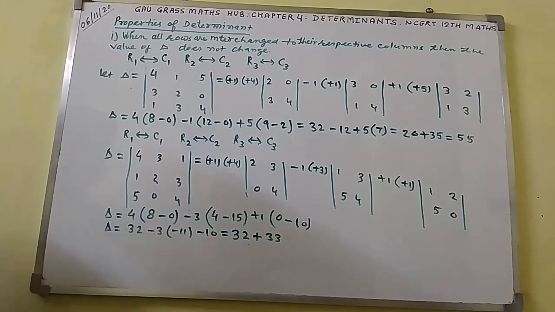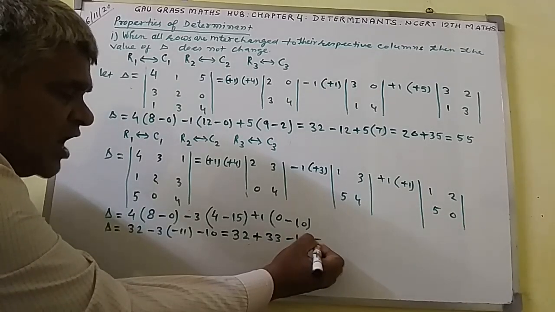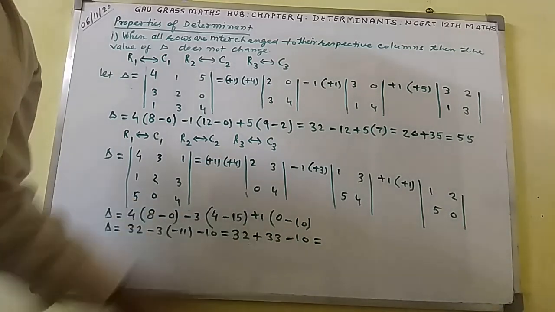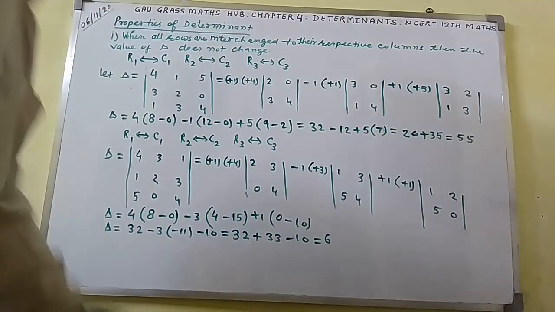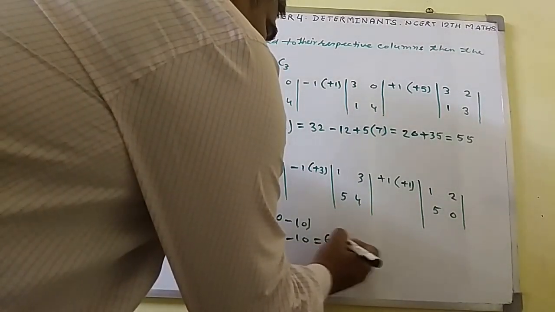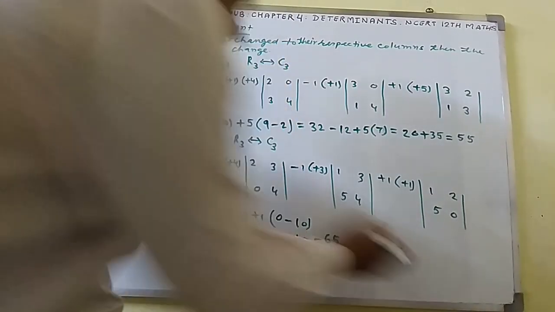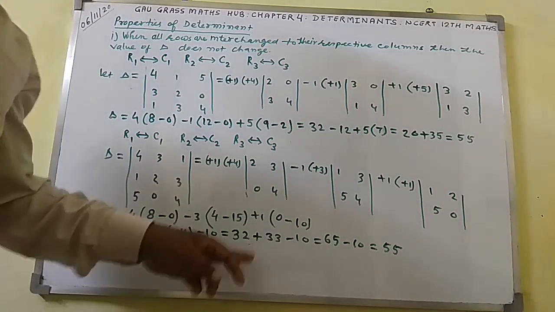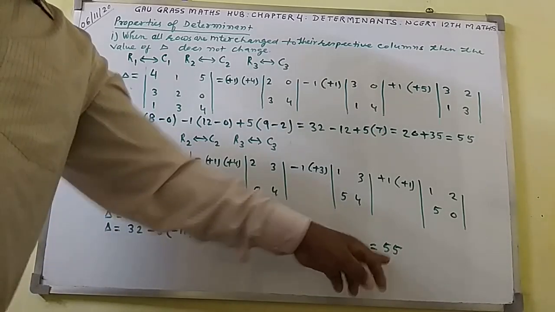Plus 33 it will become, and minus 10 it will become. Now you will get 32 plus 33, 65, minus 10, you will get 55.